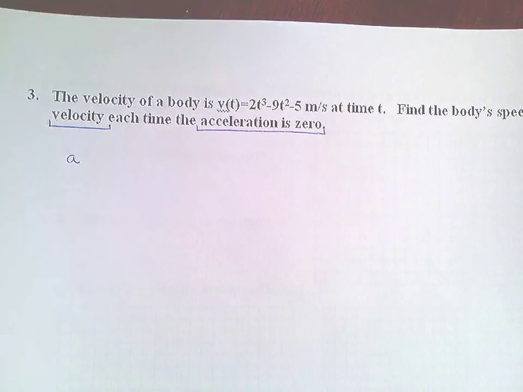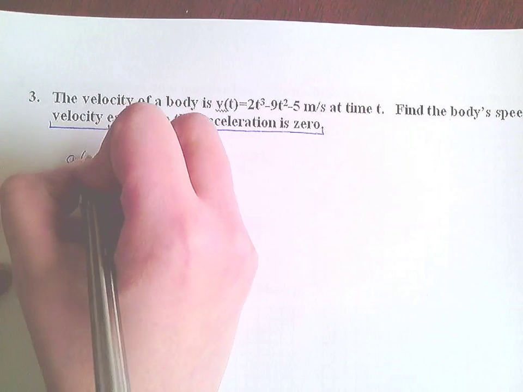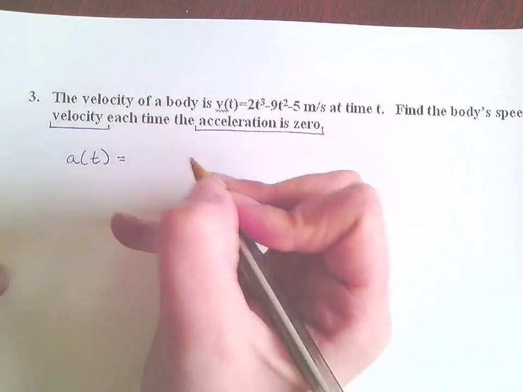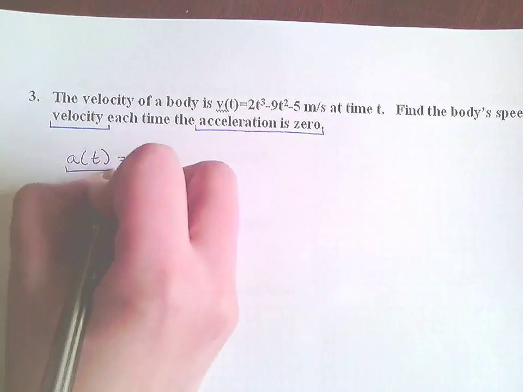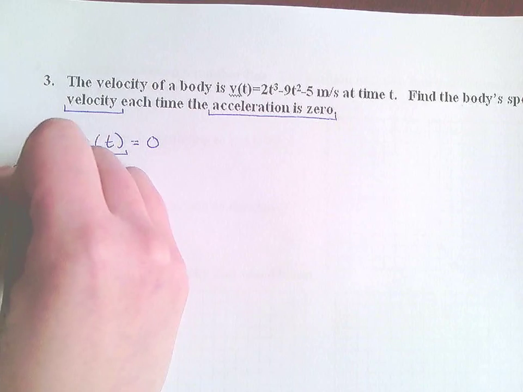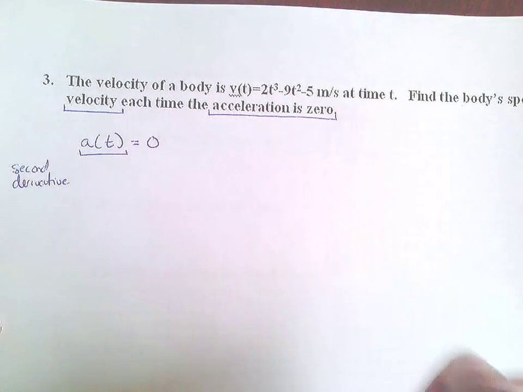Give me just a second. Okay. So first of all, we need to find acceleration, because we have to take acceleration and we have to set it equal to 0. And remember, to find acceleration, we need to find the second derivative, right?